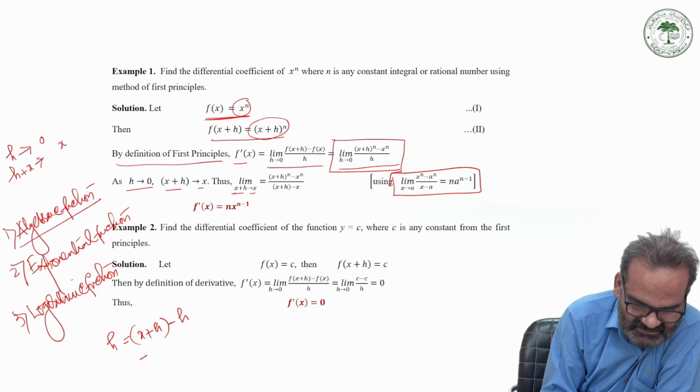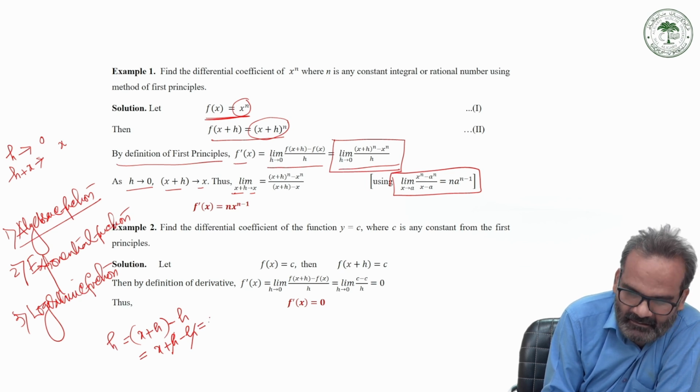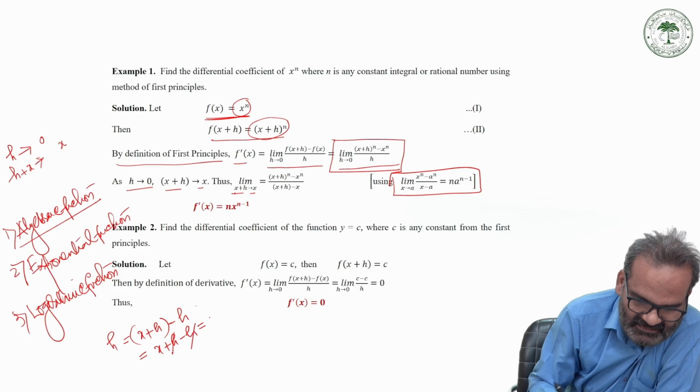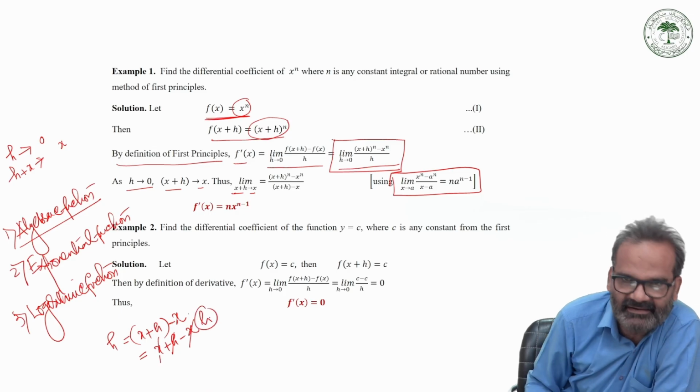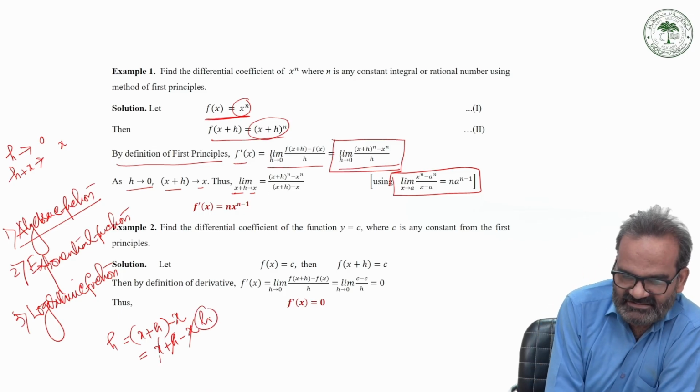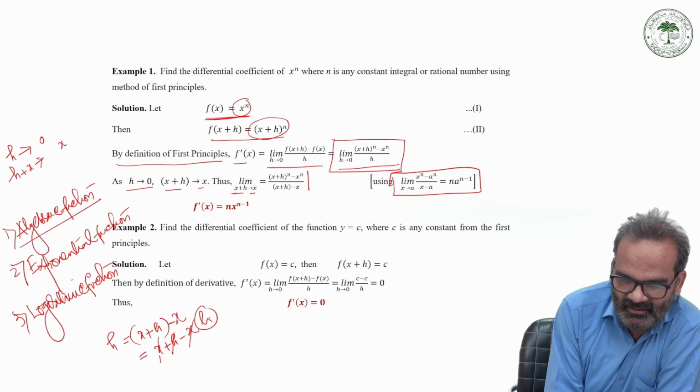So what is this? Simplify it: x plus h minus x, the x and minus x cancel out. So what we get is h. So this formula has been transformed to this one.